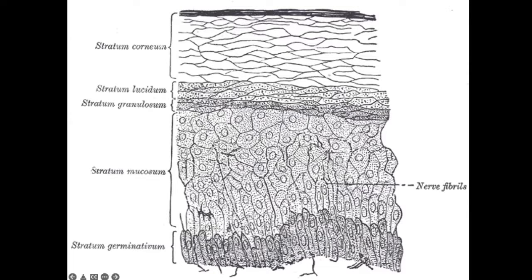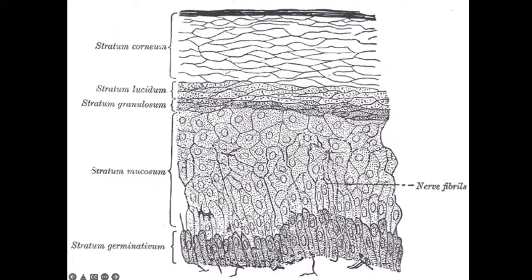So we have many areas. Starting with the basal part, between the epidermis and the dermis, you have a basement membrane, which just makes sure the epidermis is correctly attached to the dermis. And then we have epithelial cells.